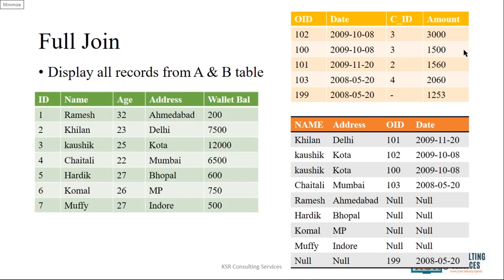Anyone else wants to give a try? What exactly is happening in the orange table? What exactly is happening in the full join? It will display all the records irrespective of table left side or table A or table B. So both the records it will combinedly display. Okay, accepted.